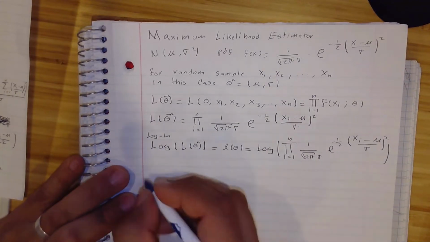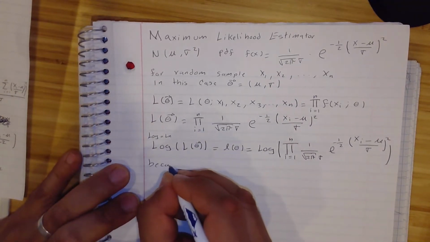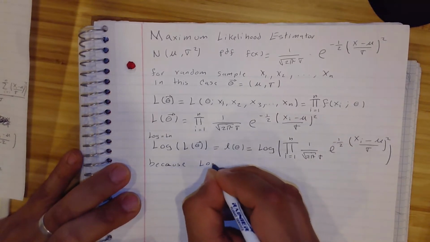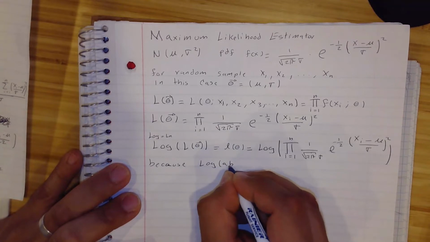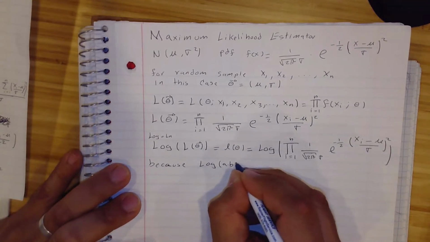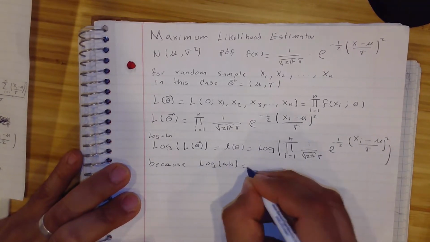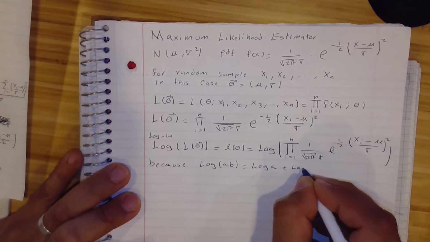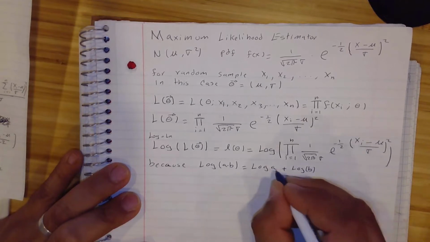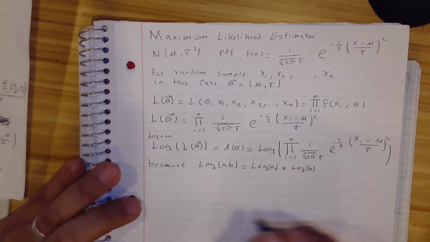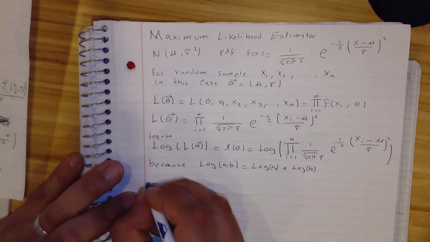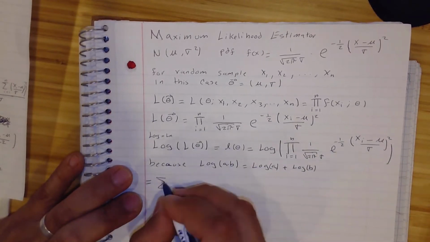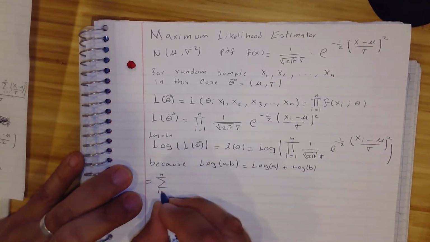We remember that we have this property, right? The log of A times B, everything that we have in a multiplication, we can write like log A plus log B, right? So because of that, we can put everything that is inside in a summatory, like this.